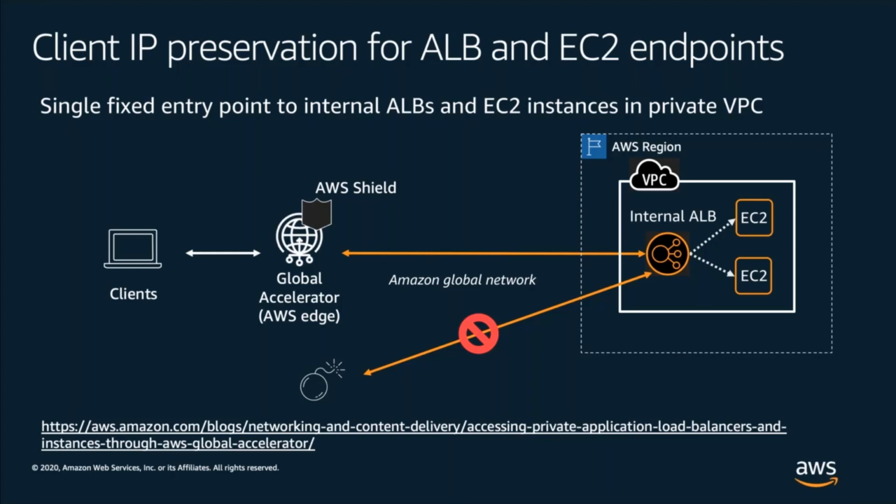In the CDN world, this is often referred to as origin cloaking, but this does allow you to have a single point of entry for your traffic. So all the traffic is protected by AWS Shield, and it reaches your VPC and your internal ALBs and EC2 instances. Global Accelerator is the only public IP.